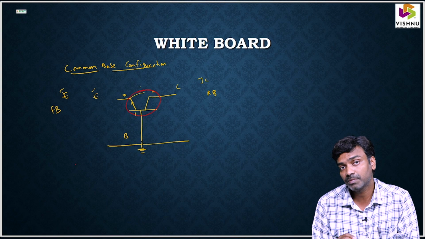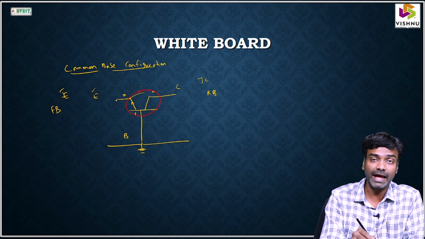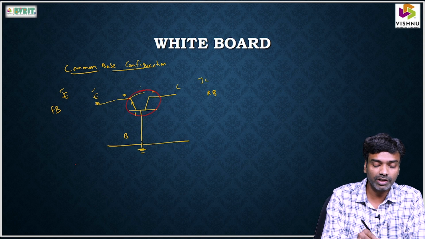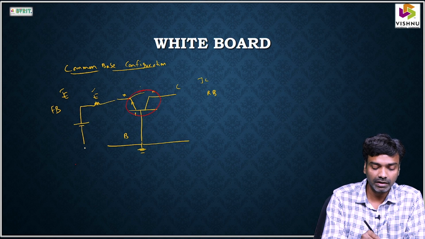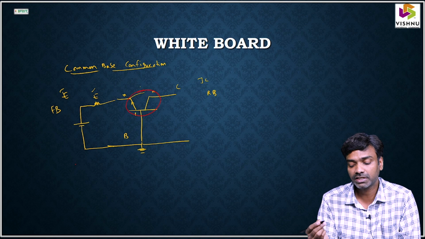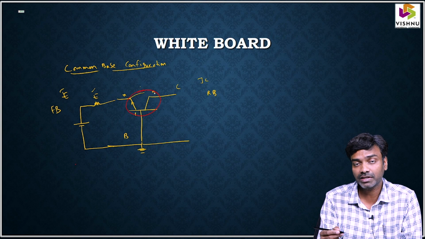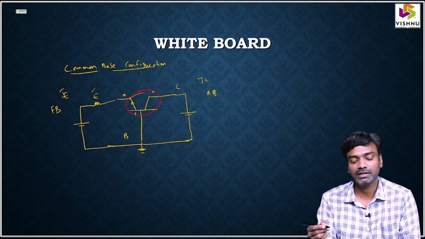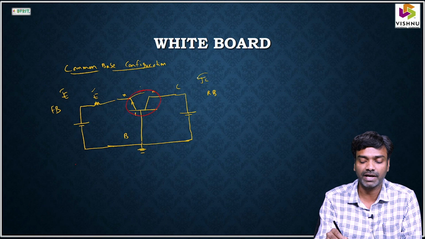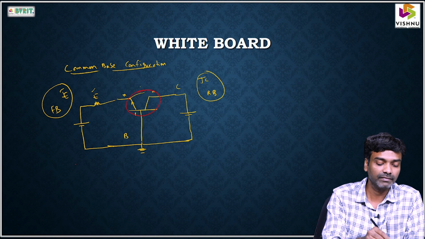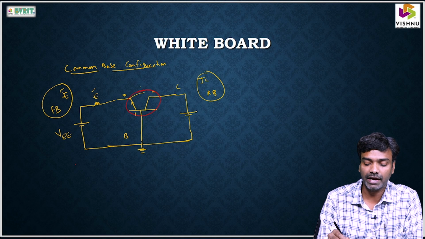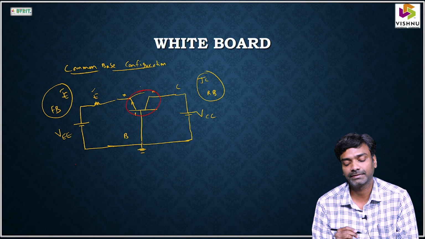The emitter junction is made forward biased by connecting the emitter terminal to the positive terminal of the battery, and on the opposite side the collector should be reverse biased. Again it has to be connected to the positive terminal of the battery such that the collector junction is reverse biased. This is VEE at the emitter, and this is VCC at the collector side.